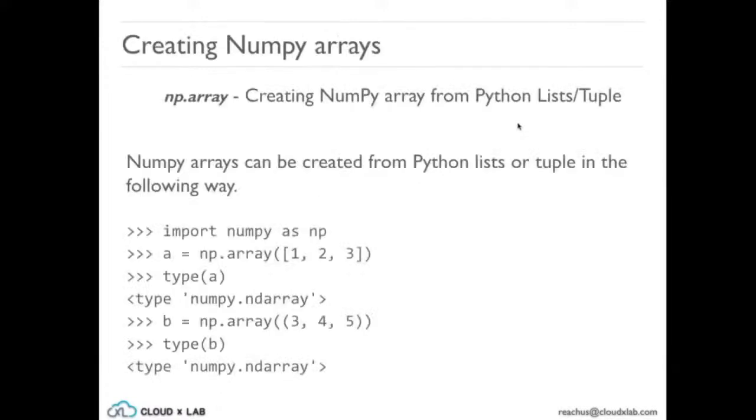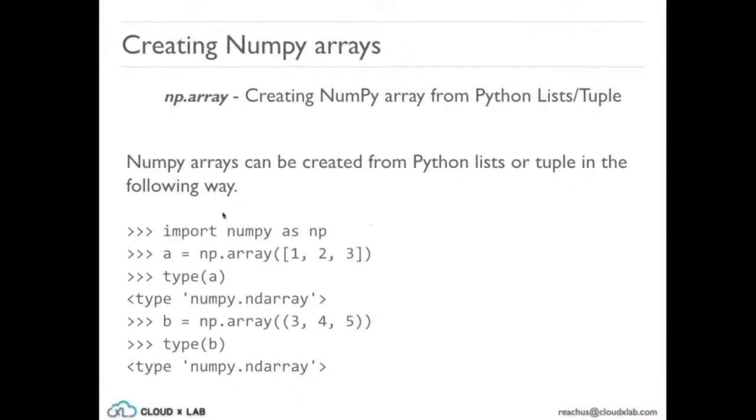Now, NumPy array. What I'll do is, again, use a combination of slides, and then jump into hands-on with my notebook to do the actual demonstration. NumPy arrays can be created from both Python lists or tuples like this.